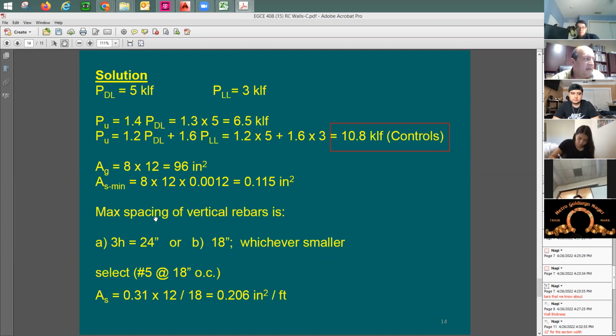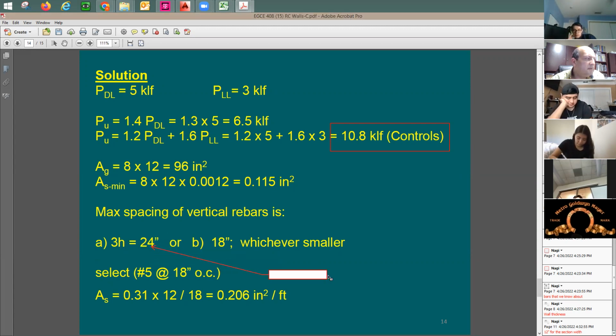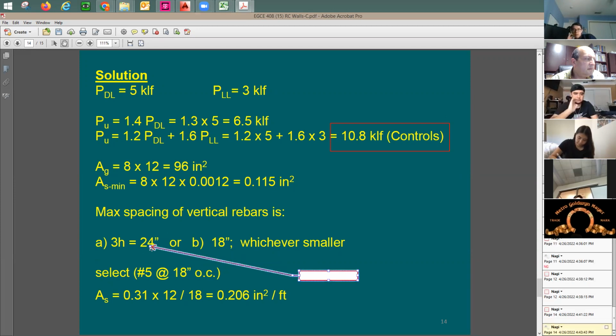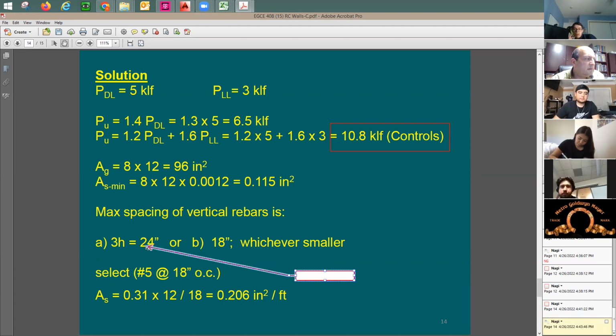So I'm thinking I can go to the spacing of 3 times h, the wall thickness. Three times 8 is going to be 24 versus 18 inch.